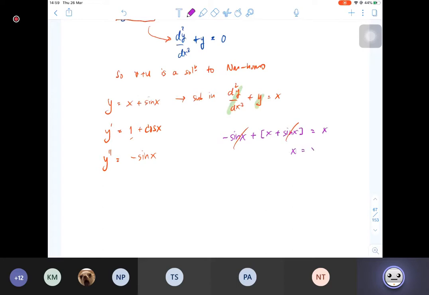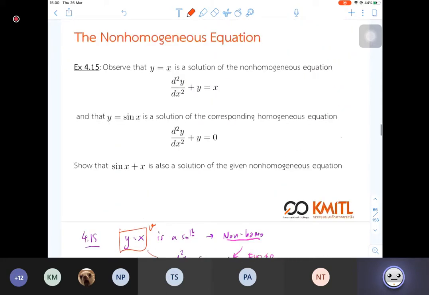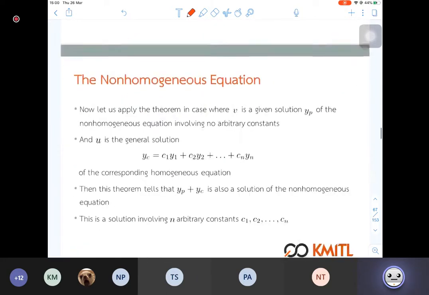You get x equal to x, so the left-hand side equals the right-hand side, and this y equal to x plus sine x is a solution to the non-homogeneous equation d squared y by dx squared plus y equal to x. All right. So this is how they show that the theorem is working.